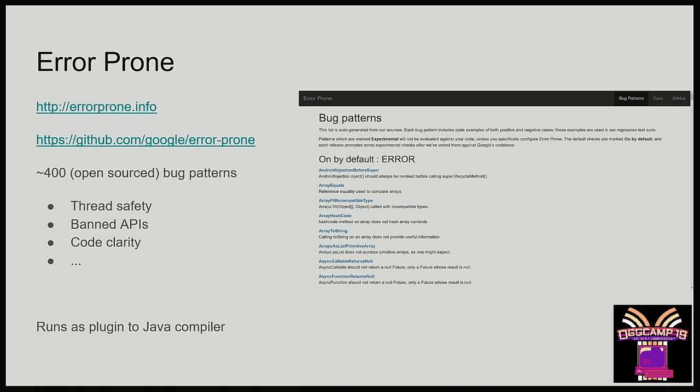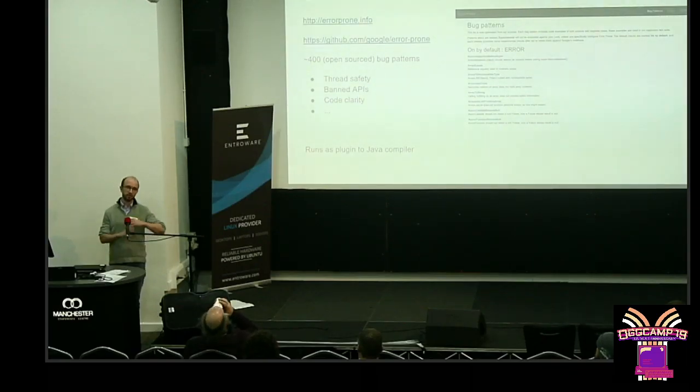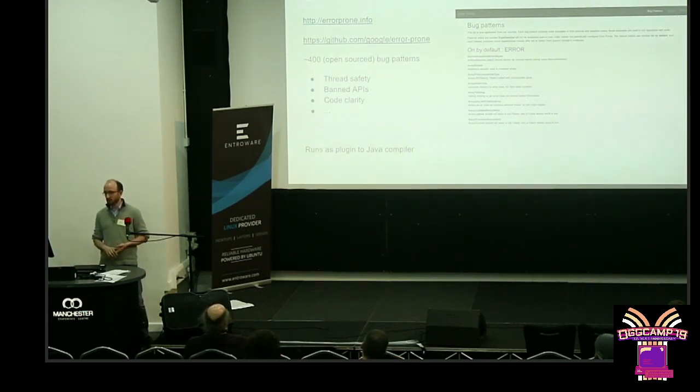We have roughly 400 open source bug patterns. We have loads of things internally as well, which I can't talk about. And these cover all sorts of things: thread safety, banned APIs, things where you're just cutting your own foot off if you decide to use them, and we just want people to stop.